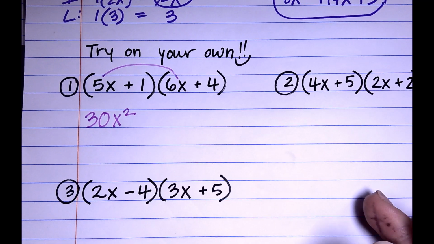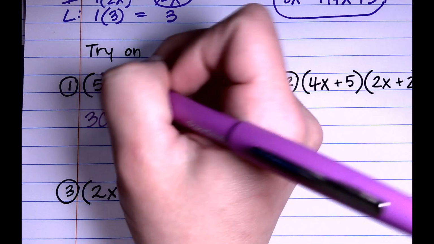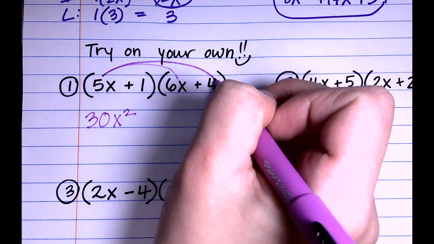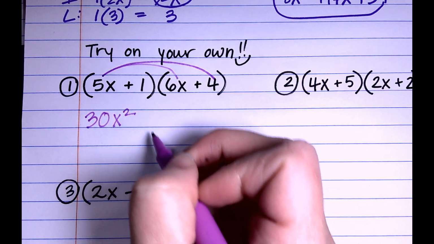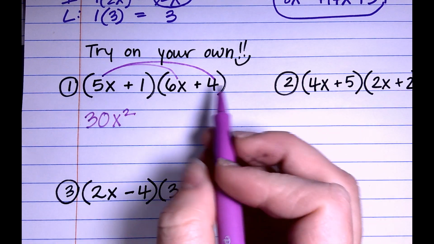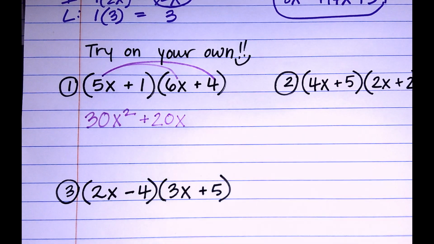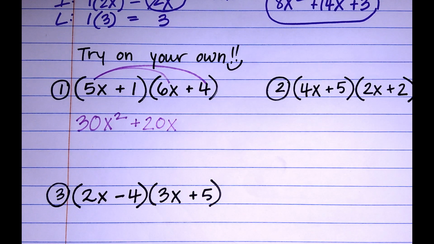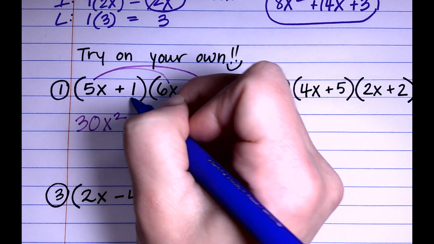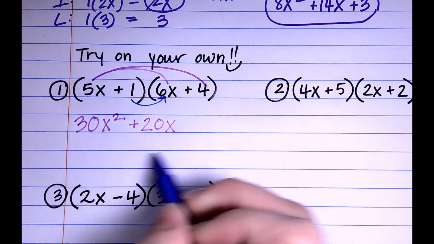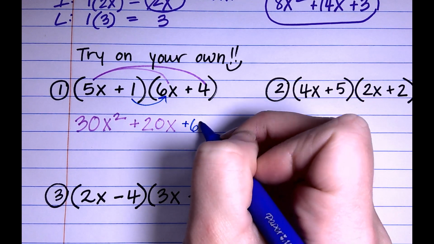What do I do next? 5x times 4. Good, 5x times 4, which is 20x. Perfect. Now what? 1 times 6x, which is 6x.